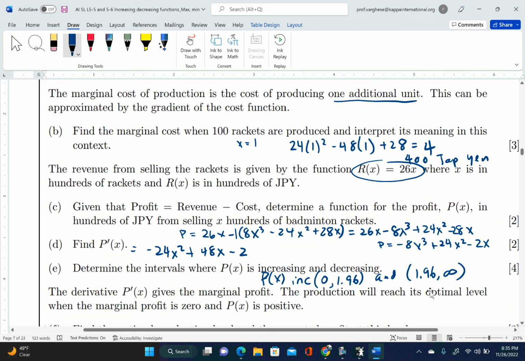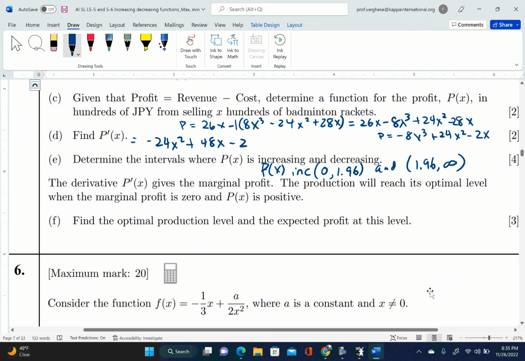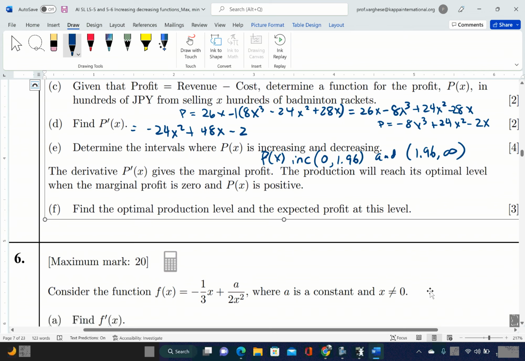For the next part, for part F, the derivative p prime of x gives marginal profit. Awesome, they're even giving us some clues. It's telling us the production will reach its optimal level when the marginal profit is 0. So we're going to use the information that we just got.